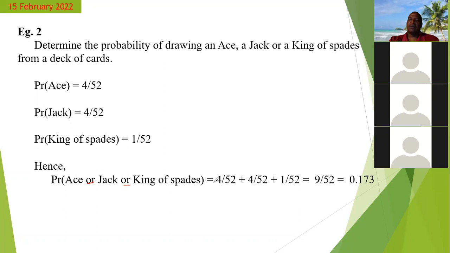And if you add it based on the fractional representation here, all of them are over 52. So 4 plus 4 would be 8, plus 1, which gives you 9 over 52.